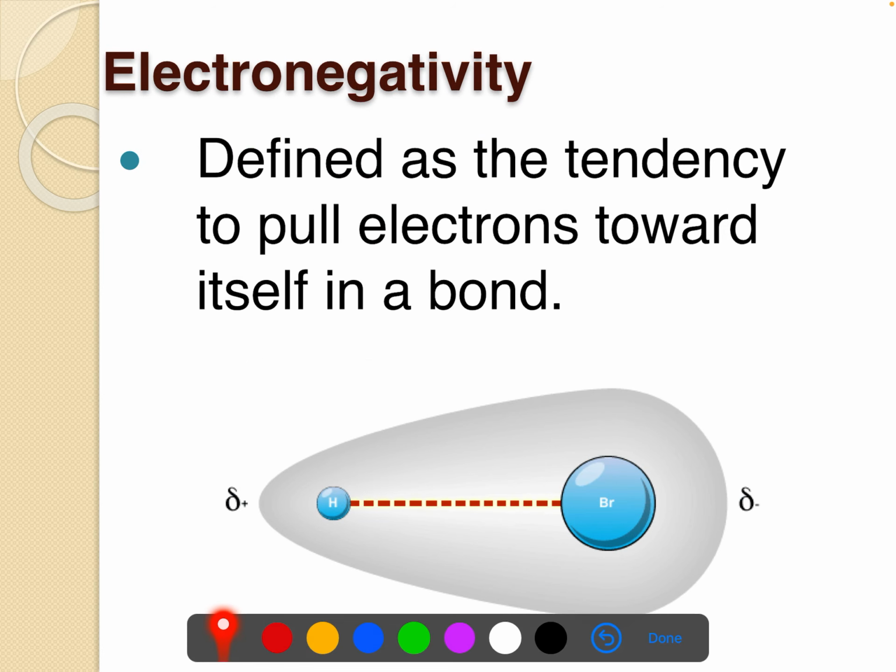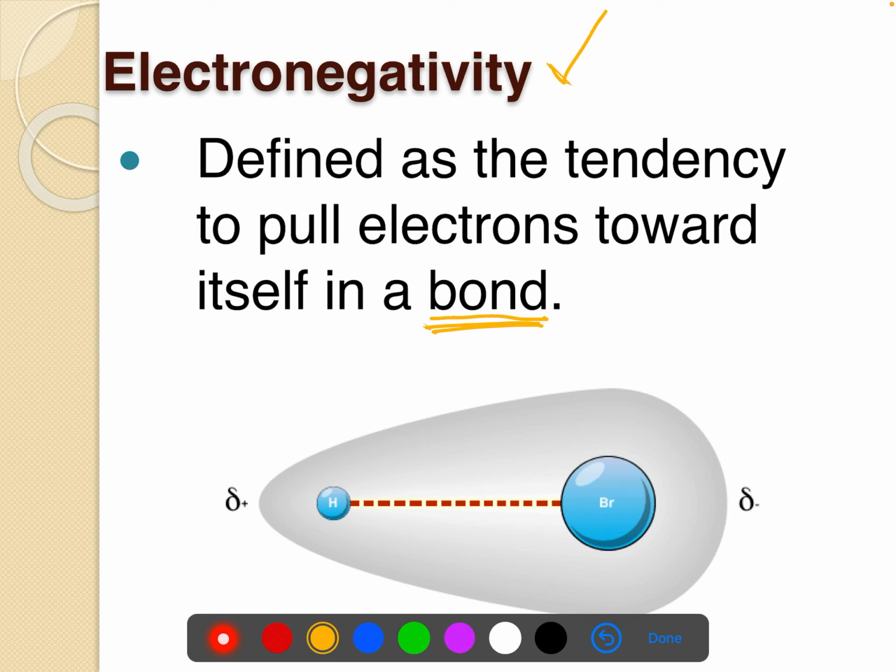Now, electronegativity. Electronegativity is defined as a tendency to pull electrons towards itself in a bond. So a key part of this is that in order to find out the electronegativity of something, you need to have a bond. So we're going to see on the periodic table how some things don't even have an electronegativity.